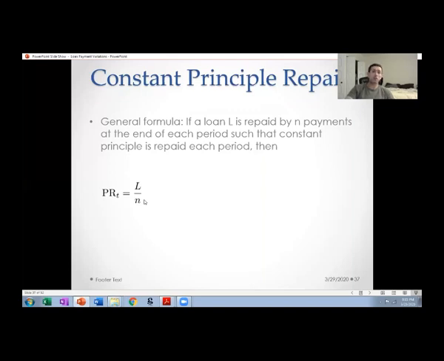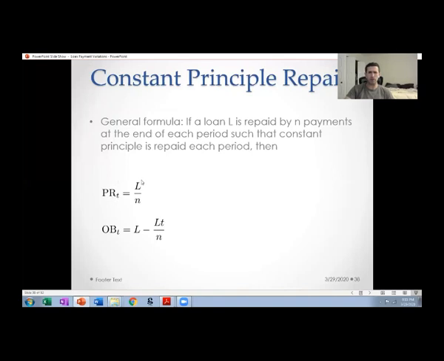N times L over n is L. So you have the loan fully repaid at the end of the nth period.